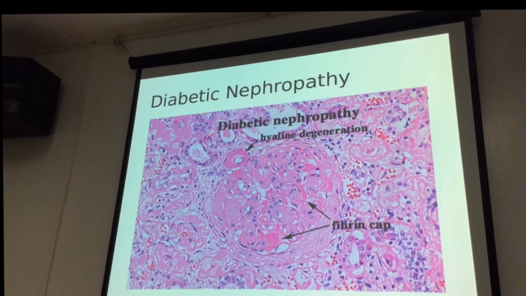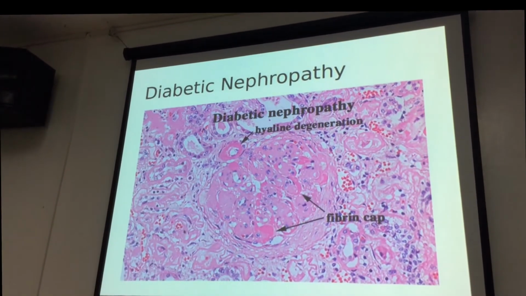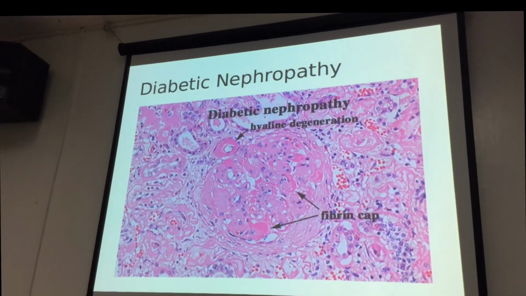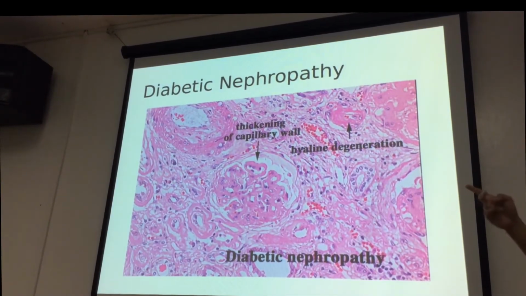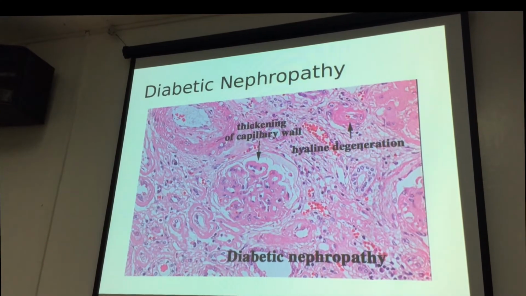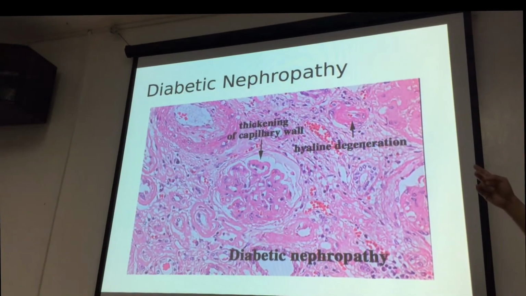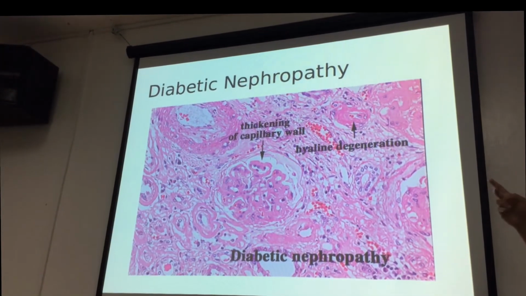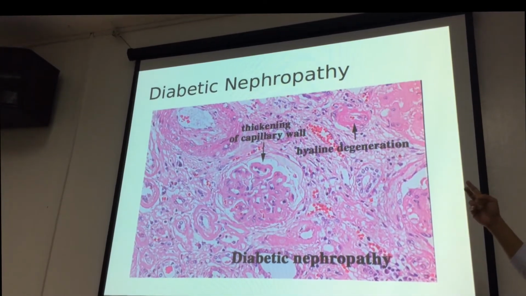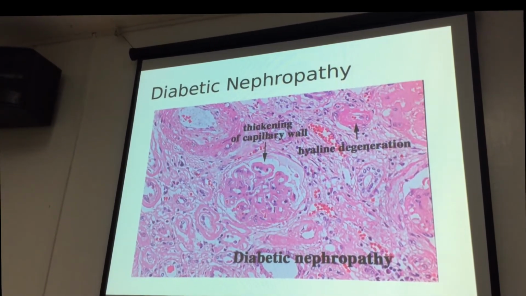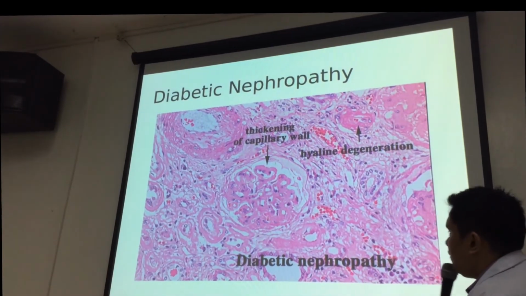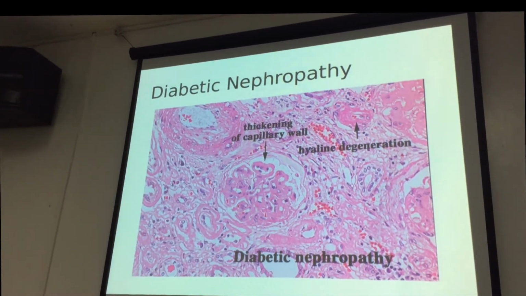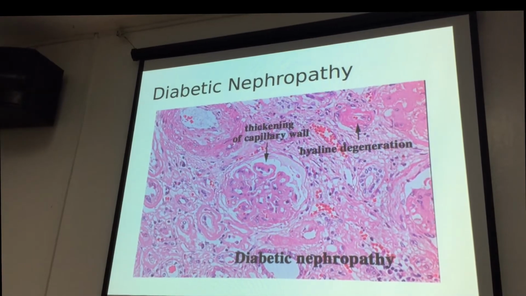So nodular. Above there is a thickened capillary blood vessel. Another one there is an almost obliterated blood vessel with hyaline degeneration. Again, for this one, most of the tubules, the renal tubules, are unaffected.